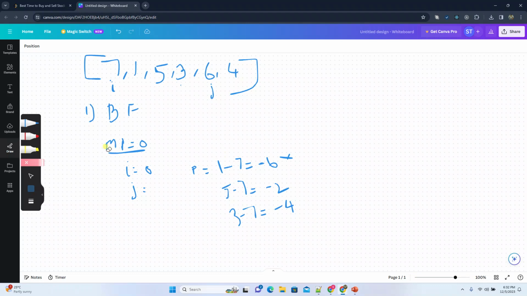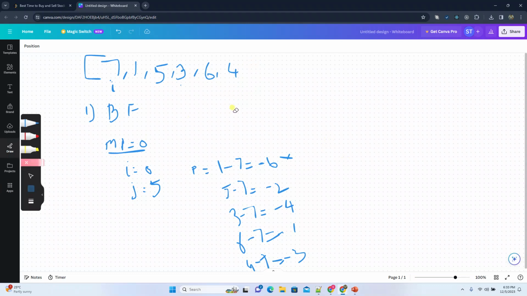What is the value here? We have 6, and 6 minus 7 is minus 1. Still this is not the expected maximum profit for now. Now j equals 5, where the value is 4. So 4 minus 7 is minus 3. This is also not a value for us.